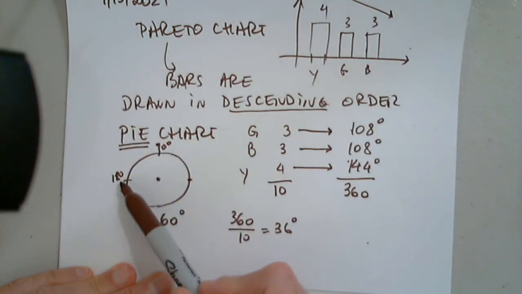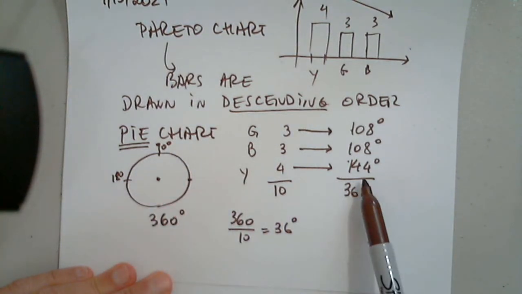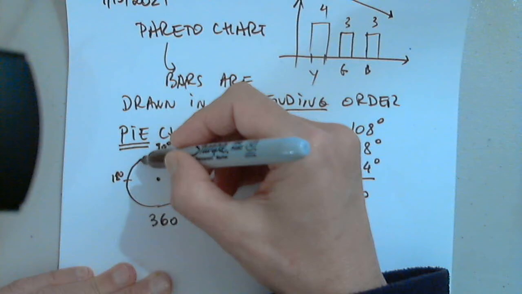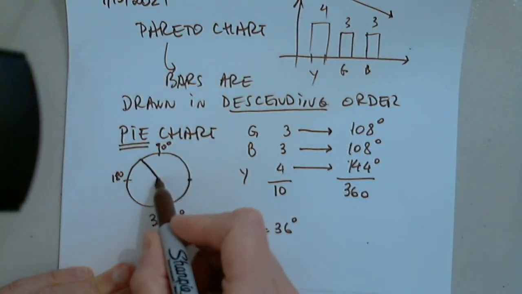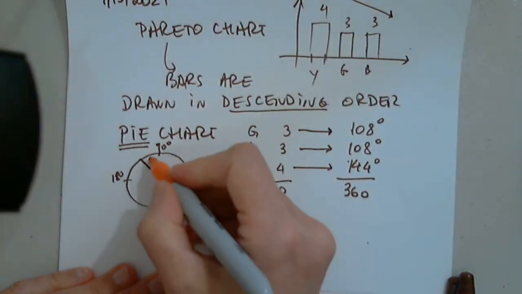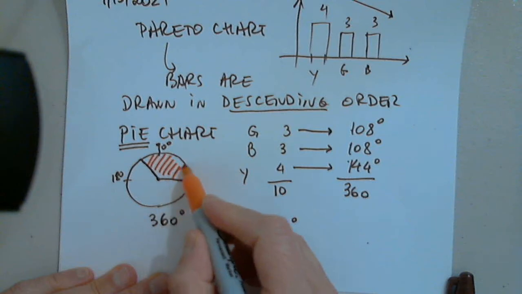So between 90 and 180, I have 90 degrees. So half of 90 degrees is 45. So I'll say approximately in the middle here is what I call yellow. That's my yellow.